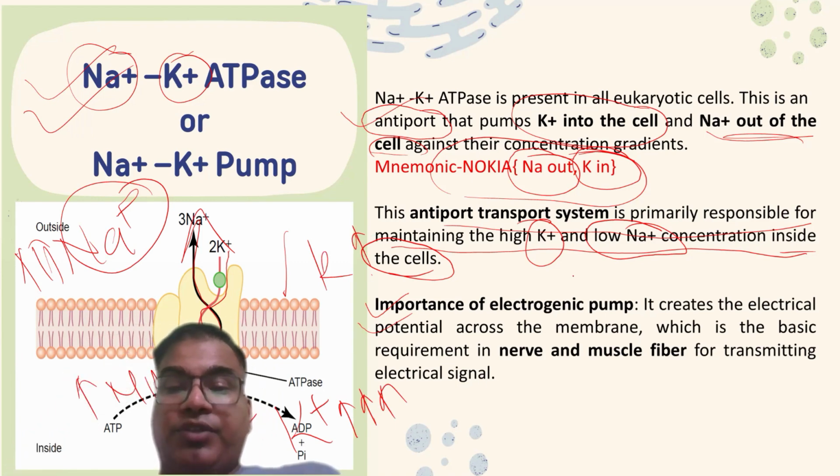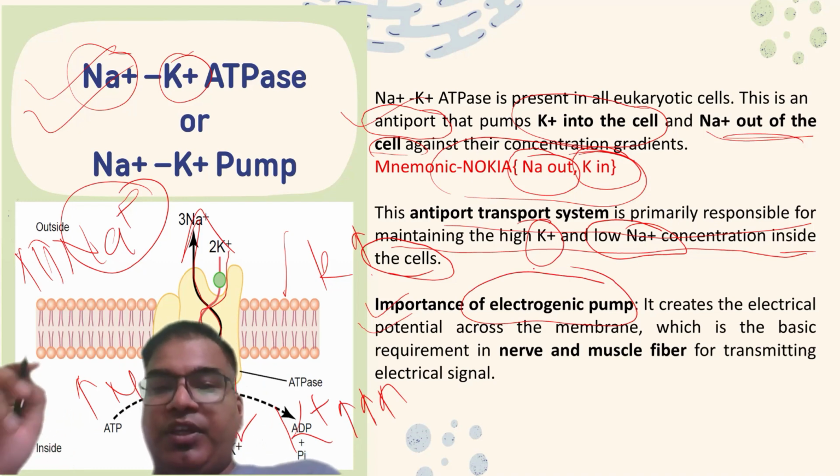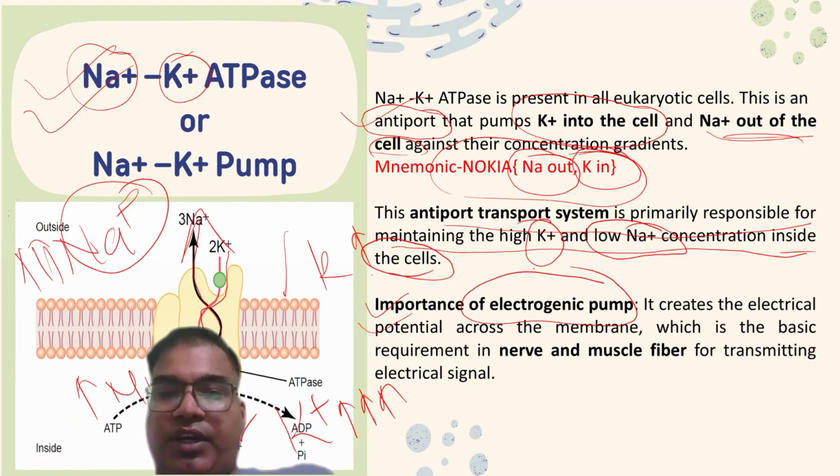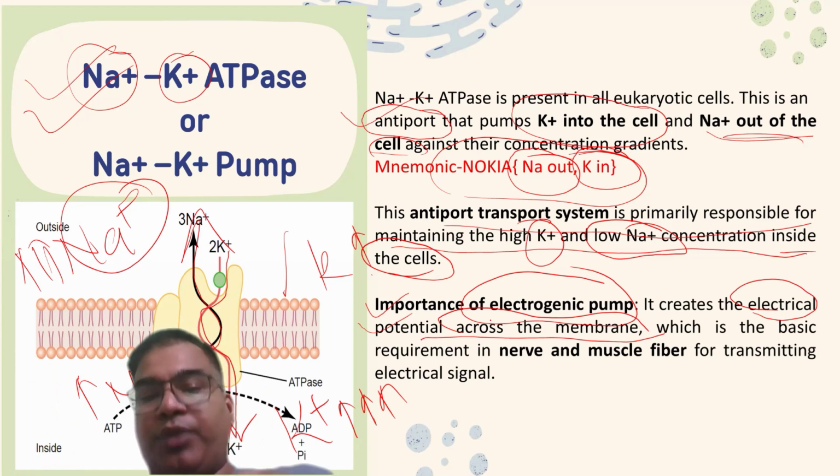Now come to the importance of the sodium potassium ATPase. Basically it is moving ions against the concentration gradient. By the movement of these ions, an electrical potential is generated across the membrane, which is called the resting membrane potential.